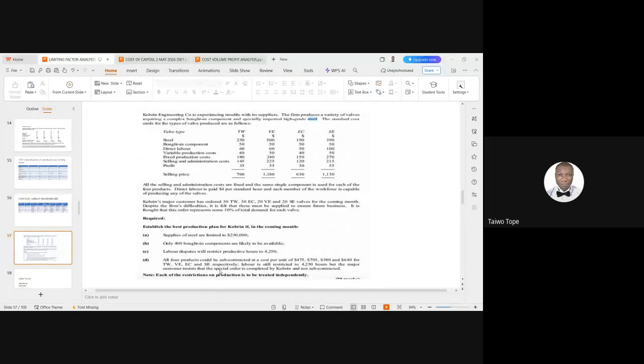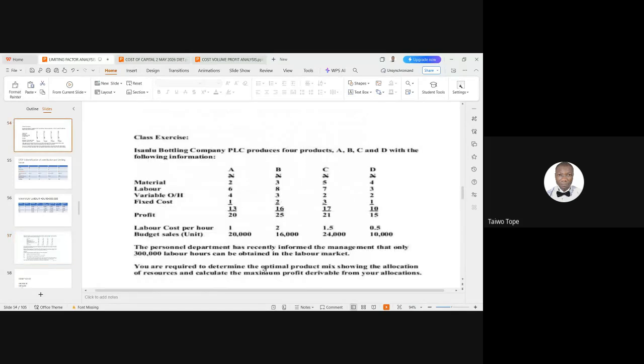So I hope you've screenshot the assignment question, which is this question. Screenshot it and see what you can do with it. I'll appreciate your feedback. Have you screenshot, please? I'll forward the slide.